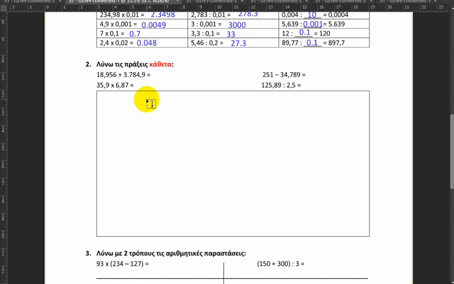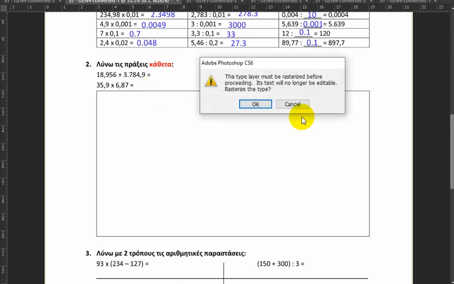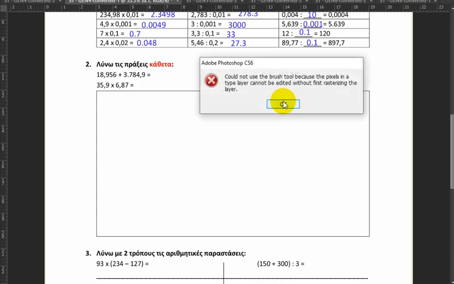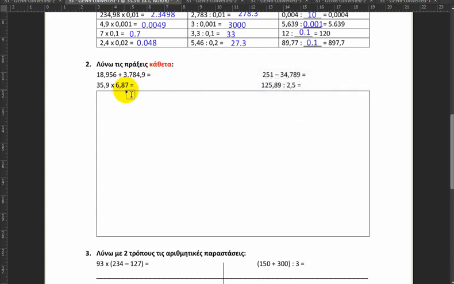It says do them vertically, and the reason for that is because it's got quite a few digits. $18.956. And then it's 3,784.9.